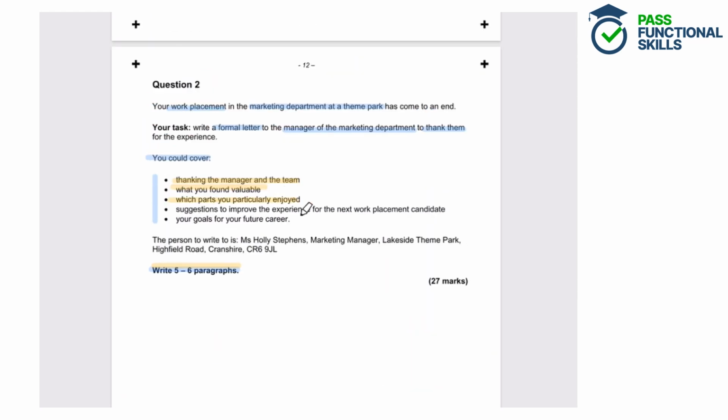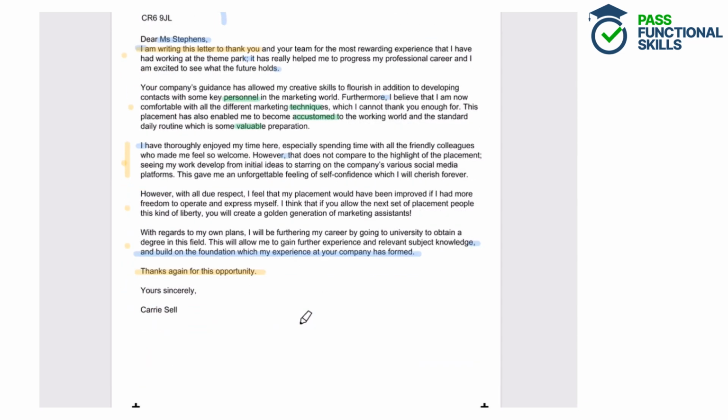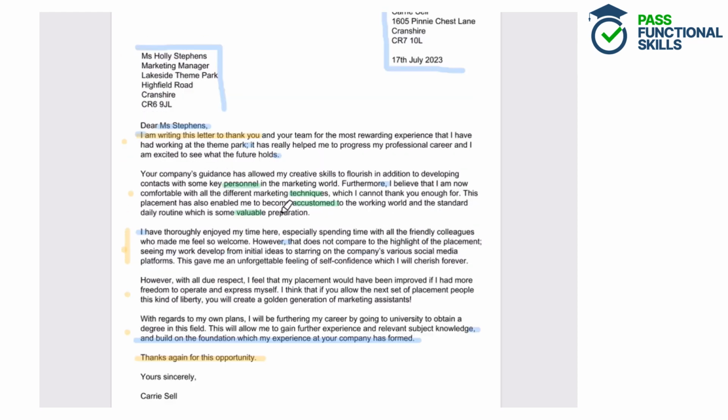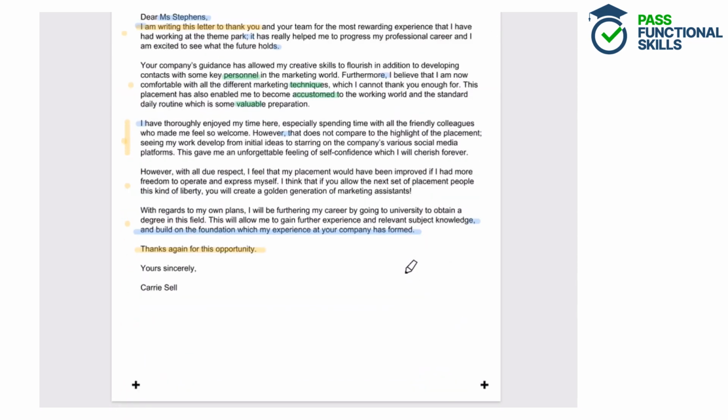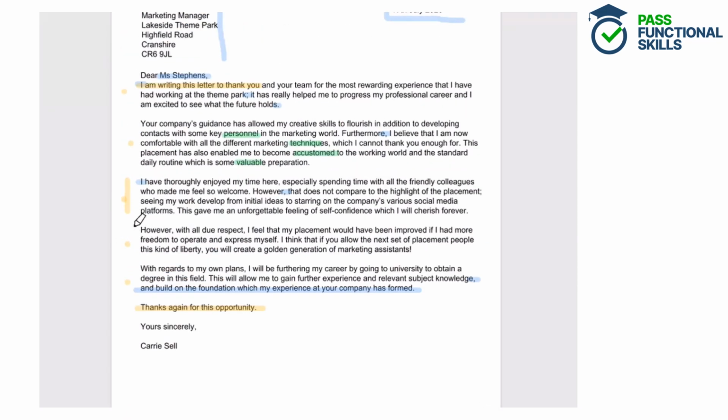which parts you particularly enjoyed. They've spoken about that as well. So they've enjoyed spending time with colleagues and they've enjoyed seeing their ideas develop. Suggestions to improve the experience for the next candidate. They've talked about this in this paragraph here.